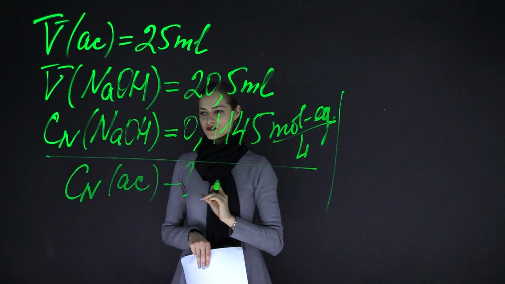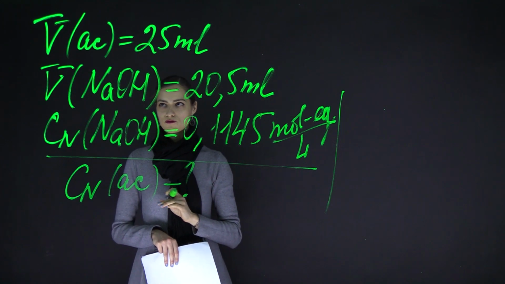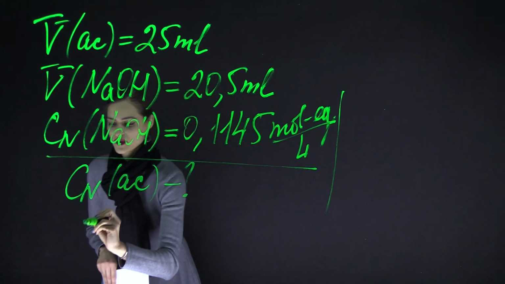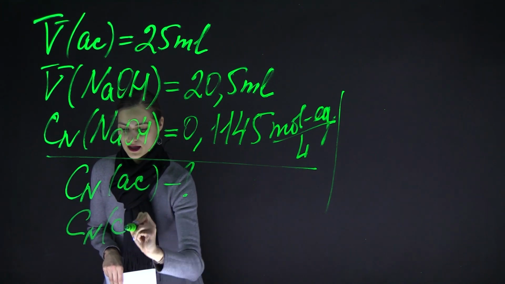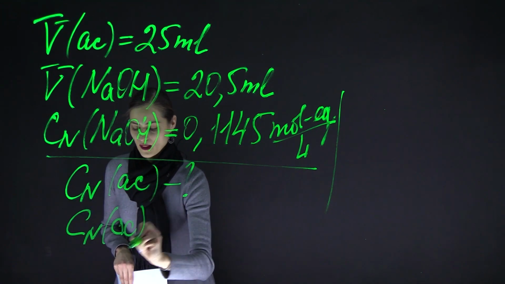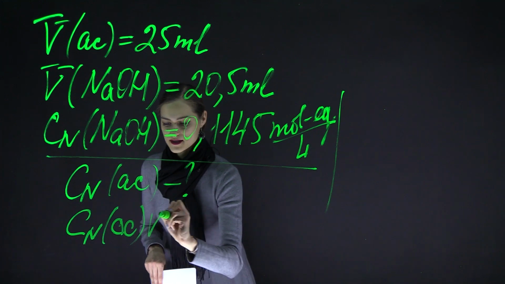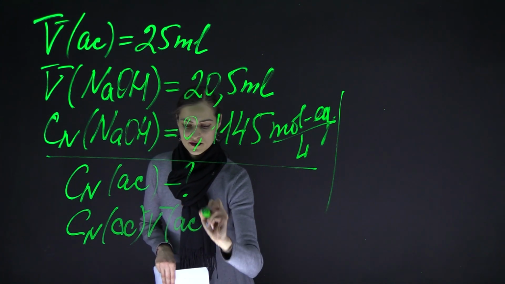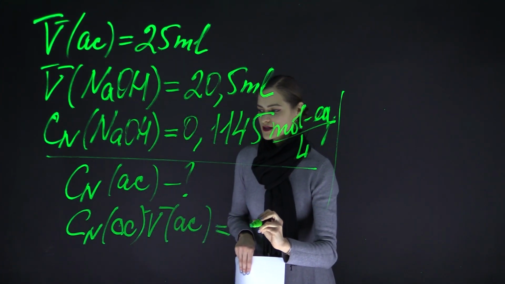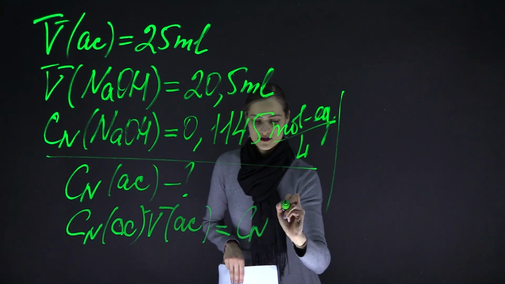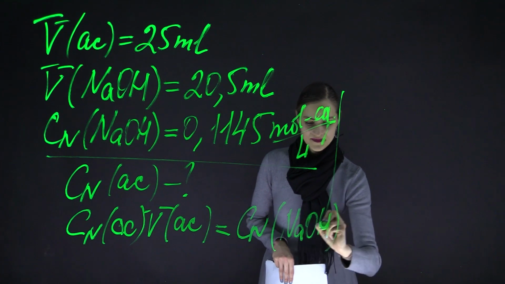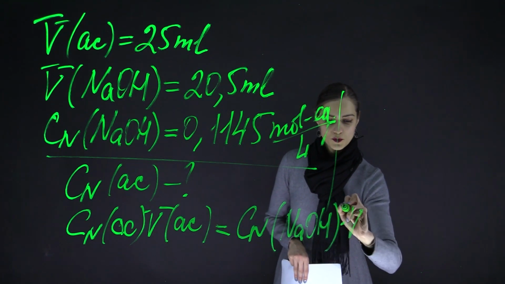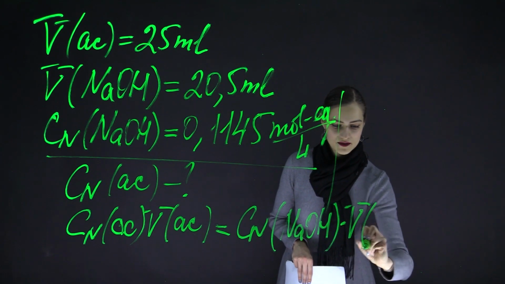According to the third mathematical equation of the law of equivalence, you remember that the product of the normal concentration of the acid and the volume of this solution is the same as the product of the normal concentration of sodium hydroxide and the volume of sodium hydroxide.